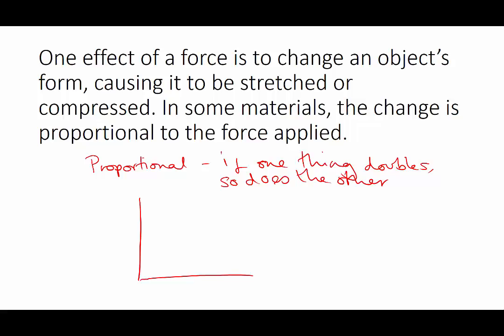If we were looking at a graph that showed proportionality, what we would see is a nice straight line that goes through 0, or the point we call the origin of the graph.